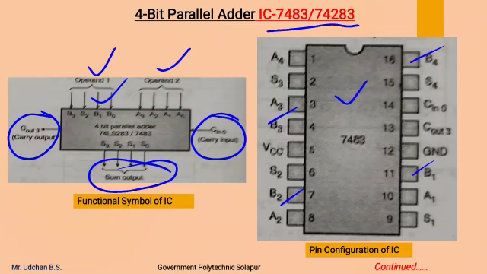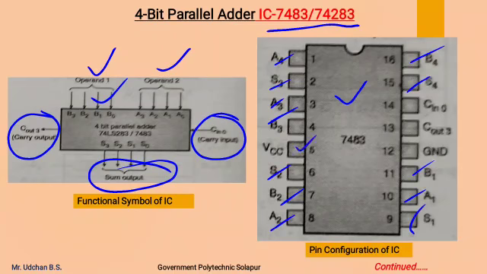These are the 4 inputs of operand 1. Again, A4, A3, A2 and A1 are the another 4 inputs of second number, that is operand 2. Now S4, S3, S2, S1 are the sum outputs.